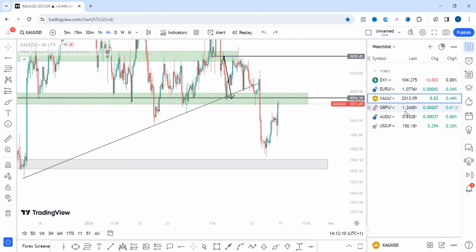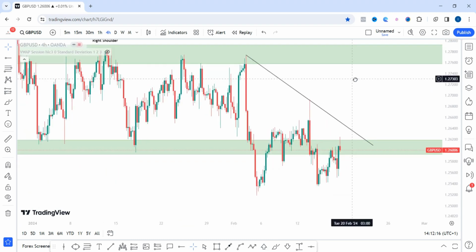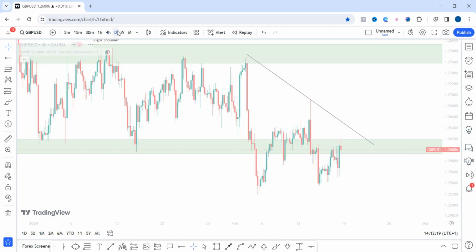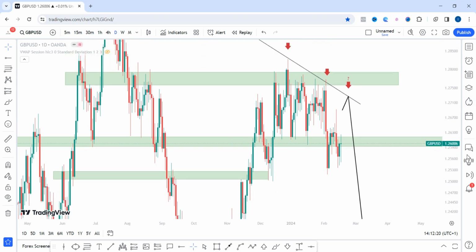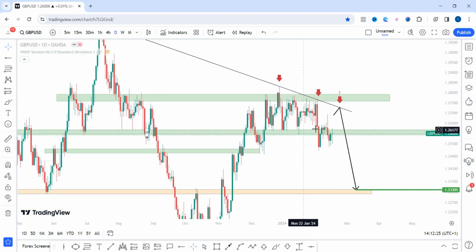Now let's go to the next on my list, which is GBPUSD. GBPUSD still on the 4-hour time frame, but first of all, let's take a look at what is happening on the daily time frame. So GBPUSD last week, remember, price was trading above this green region here, right?